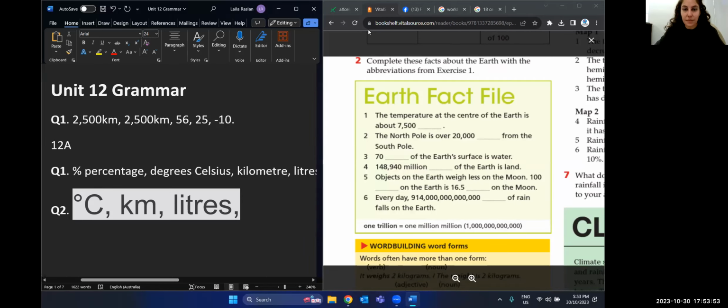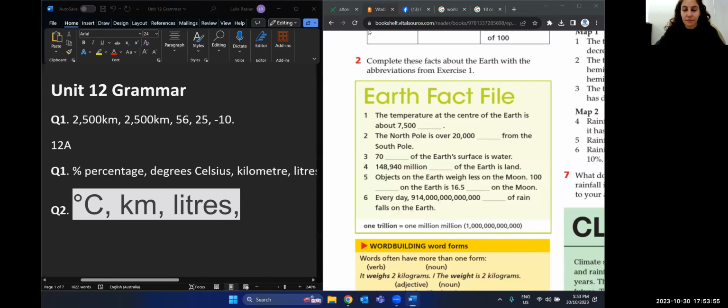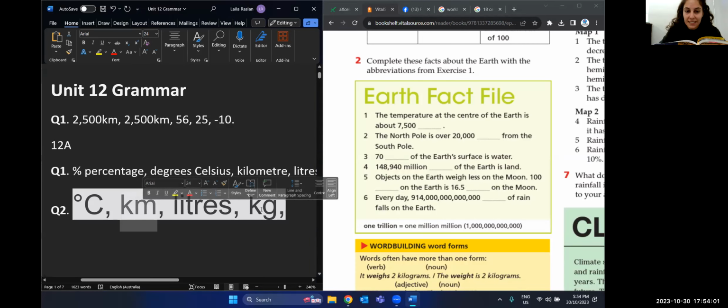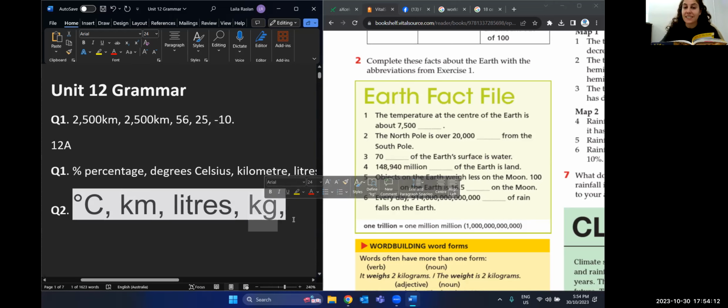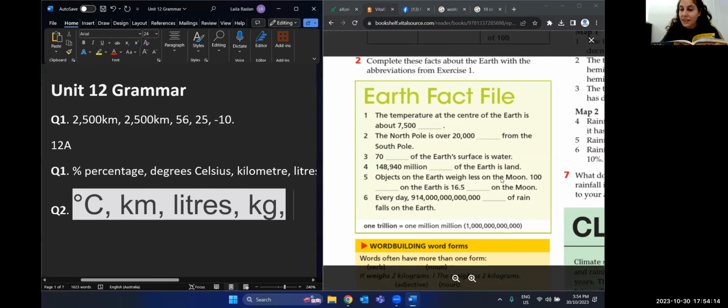I think kilograms. Remember, kilometers is about distance. Kilograms is about how heavy something is. So 100 kilograms on Earth is the same as 16.5 kilograms on the moon.